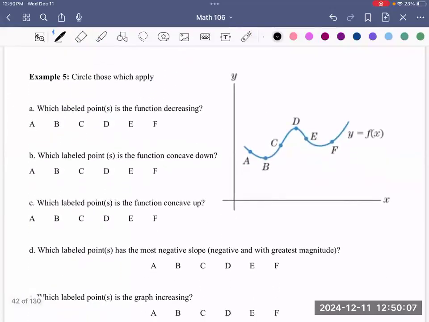Now let's do 5. So choose the circles in which they apply. So it says, which labeled point is the function decreasing? So assuming that these are all kind of in reference to some sort of slope or concavity. So if we were to draw a series of slopes here, here we go.